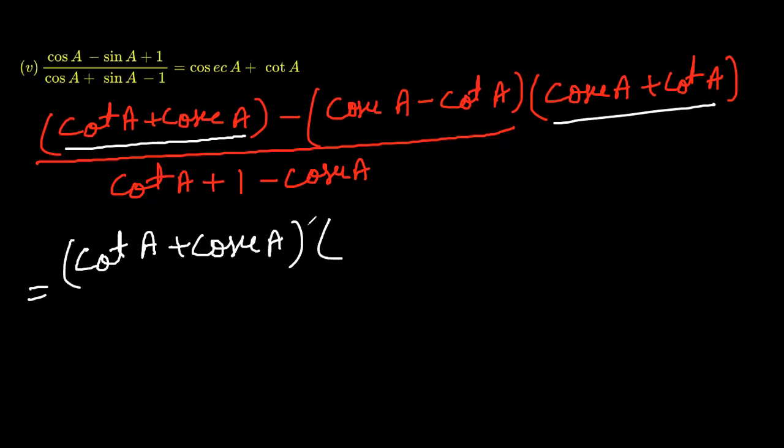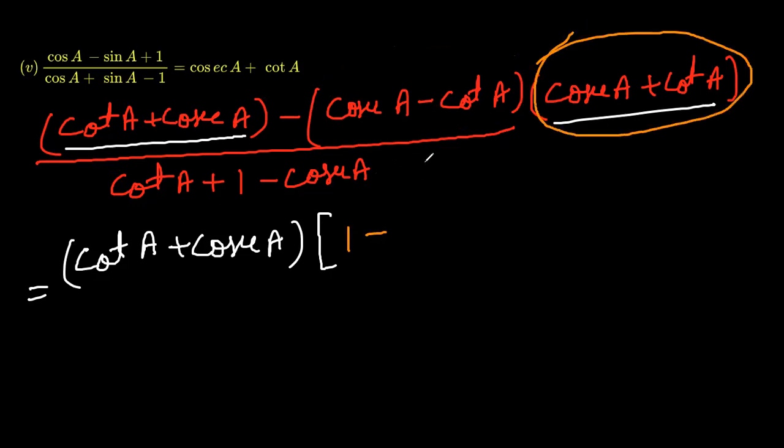If this is taken common, from this part over here, 1 is left. And can we use capital bracket here? Yes, we should use capital bracket. Look, from this part, we have taken everything common, so 1 is left. You see there? So 1 is left from there, minus. From this part, we are going to take cosec A plus cot A, this thing common.